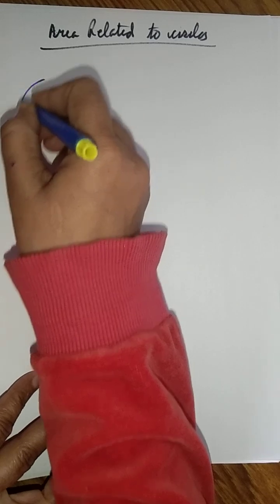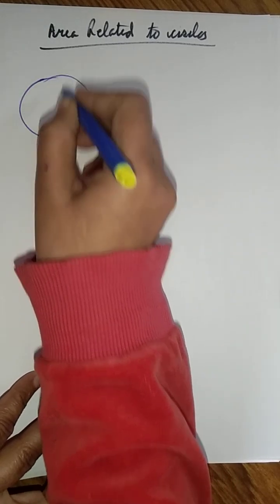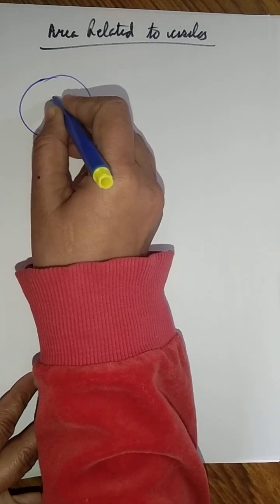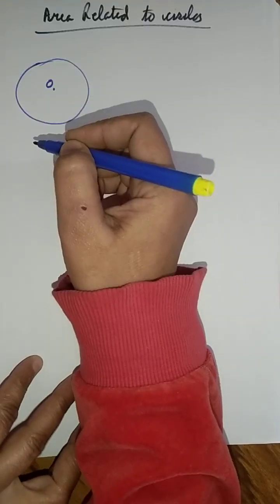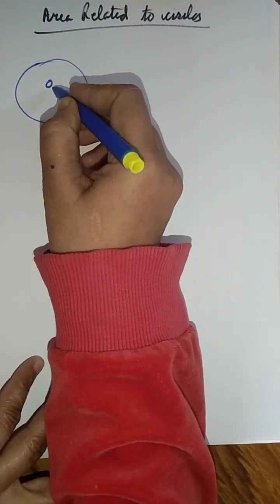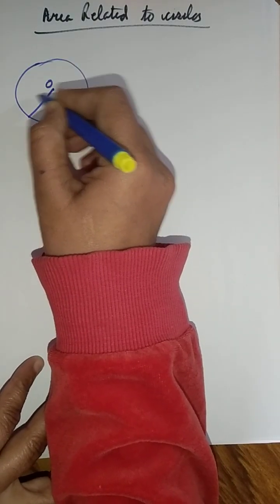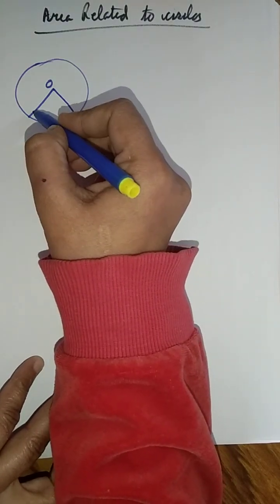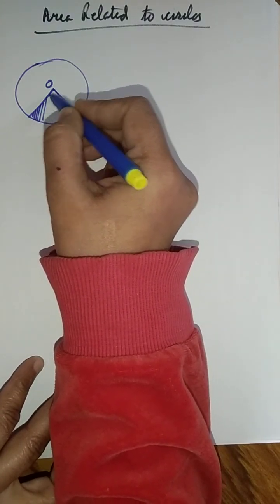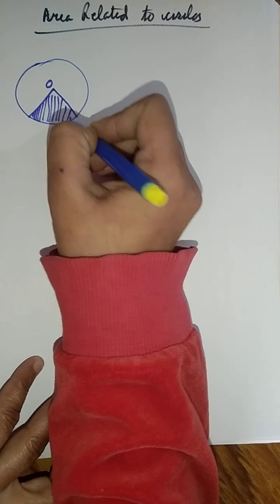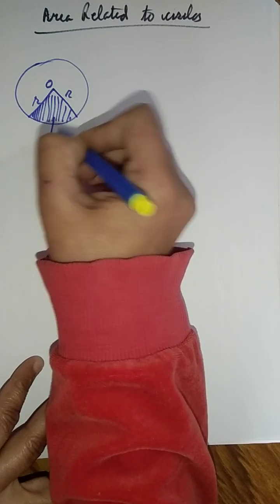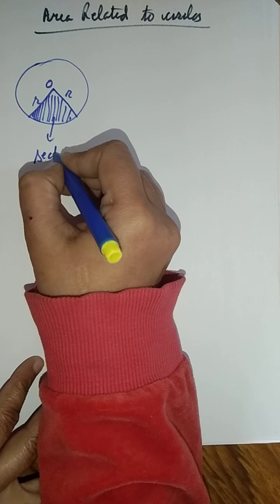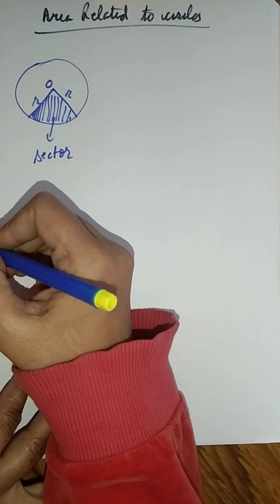If we have a circle with center O, and we draw two radii from it, the region enclosed between these two radii is known as the sector of the circle.